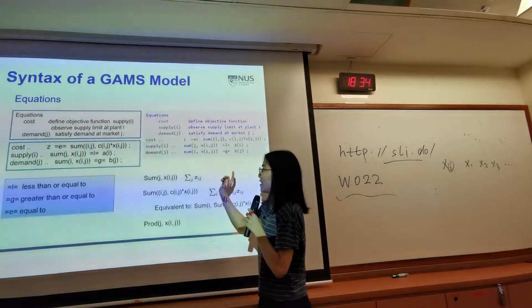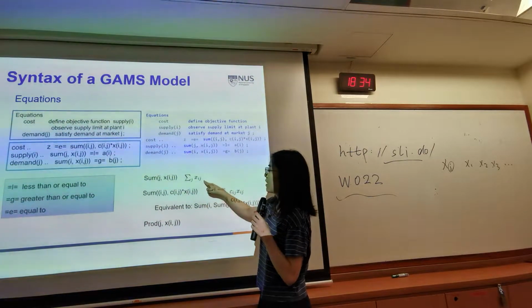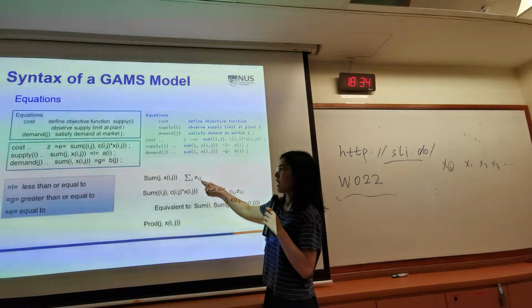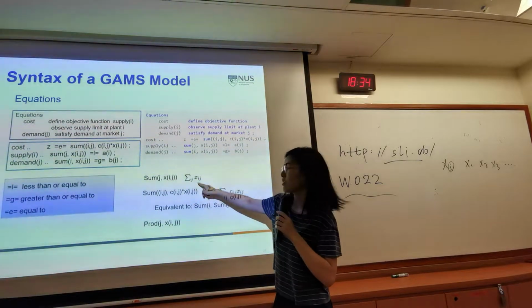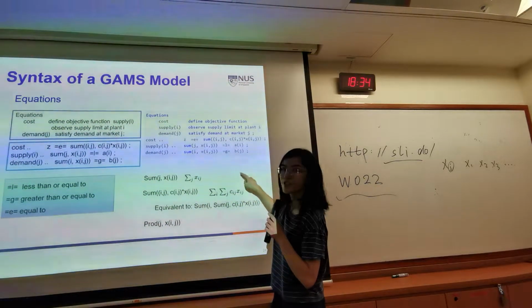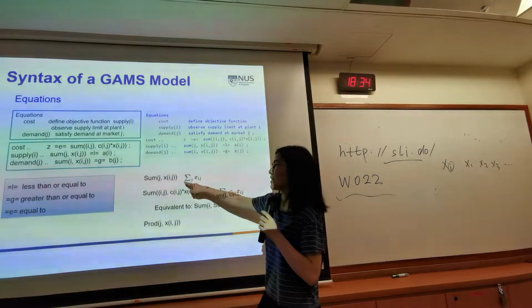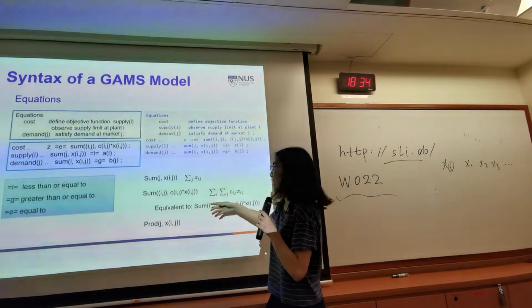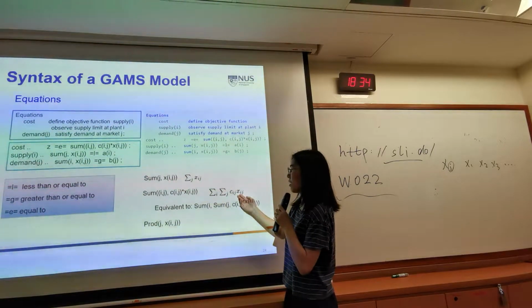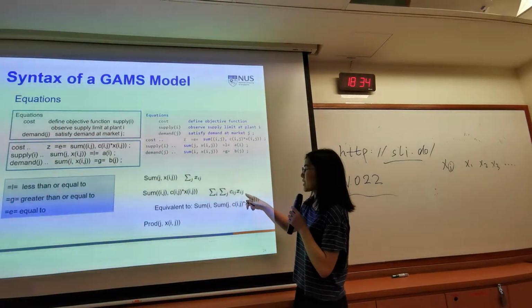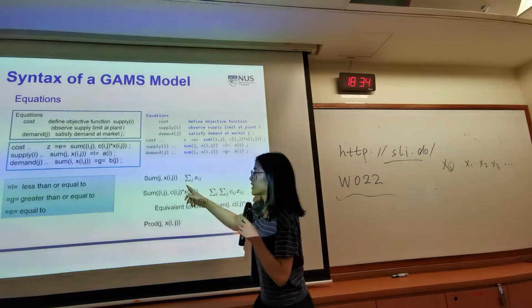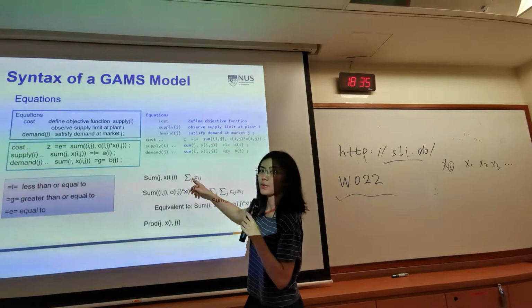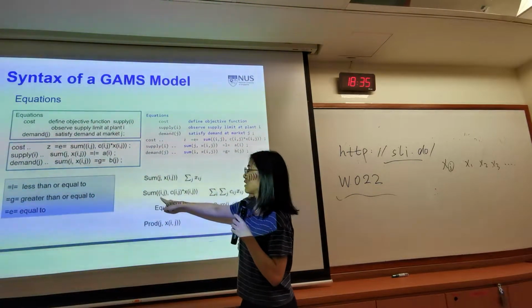In GAMS, the sum of Xij over all the j elements can be written like this. And this is the sum of Cij times Xij. So you need to put what you want to sum up here.